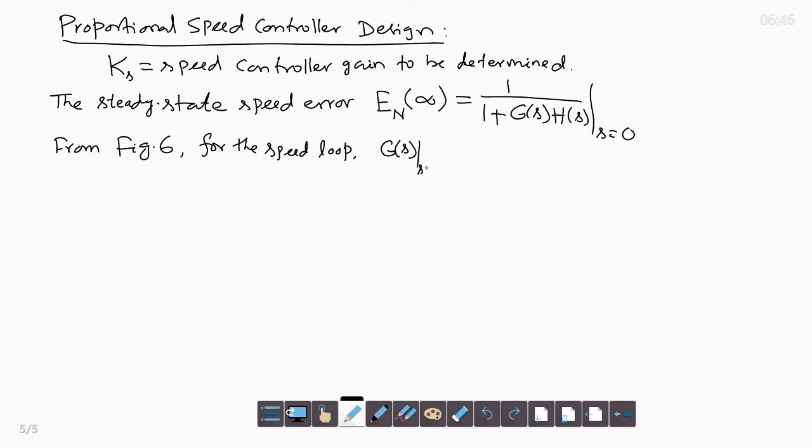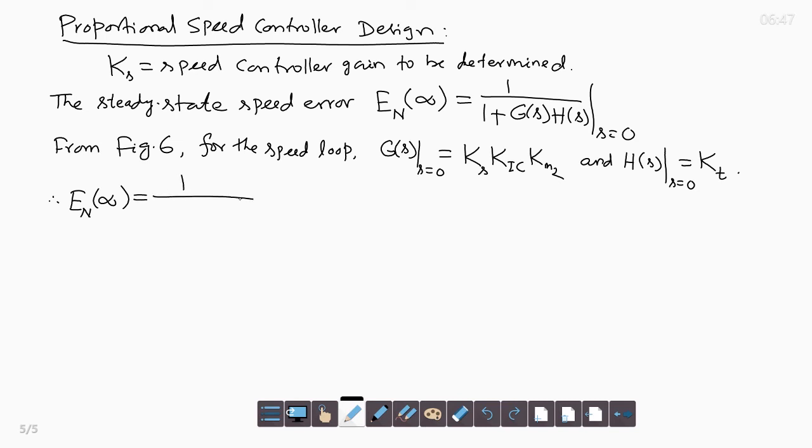GS at S equals 0 is Ks, speed controller gain, into KIC into Km2, and HS at S equals 0 equals Kt. Hence, En infinity equals 1 upon 1 plus Ks KIC Km2 into Kt.